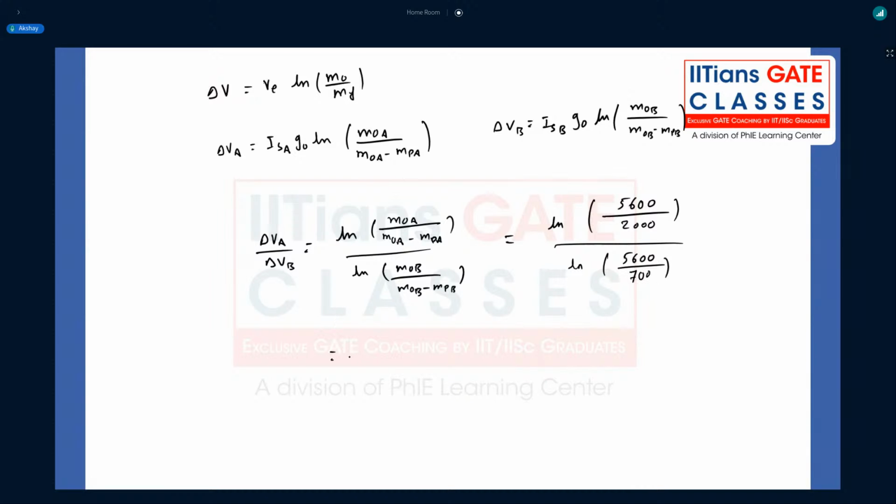So the ratio is going to be 0.495, which is delta VA divided by delta VB.